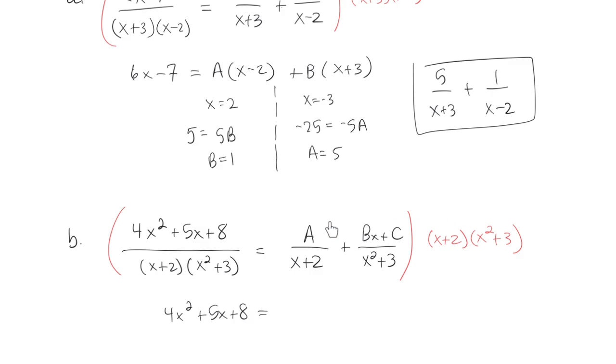When we multiply it to the a partial fraction, the x plus 2's are going to cancel. So this is a times x squared plus 3. Now, when this multiplies the bx plus c partial fraction, the x squared plus 3's cancel out. So we have the bx plus c that's going to multiply with x plus 2.